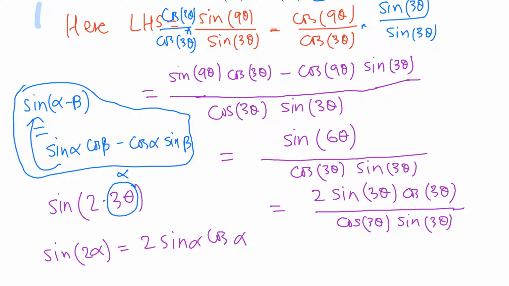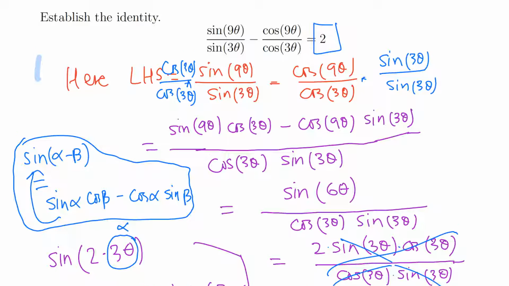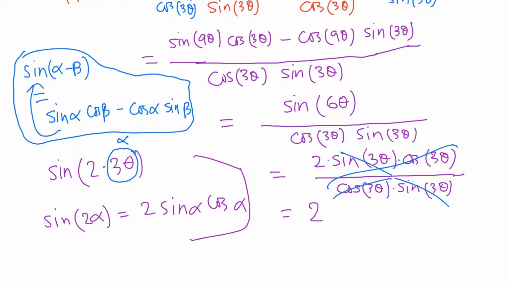Now it's obvious, everything is in products: 2 times sine 3 theta times cosine 3 theta on top, cosine times sine on the bottom. Now we can cancel. Cosine cancels cosine, sine cancels sine. And what is left? Just 2. That's the right hand side. If we go up, that's the right hand side, and we are done.